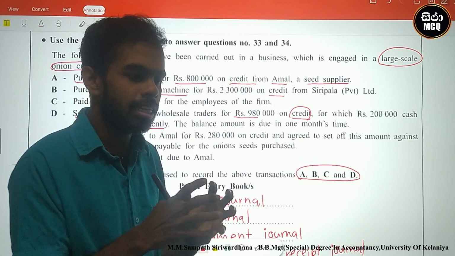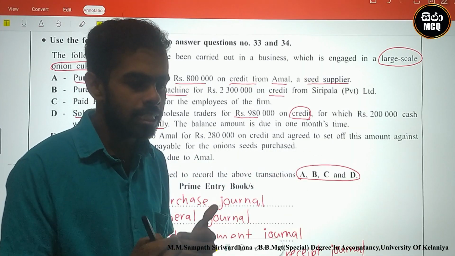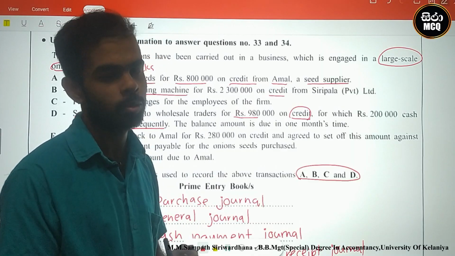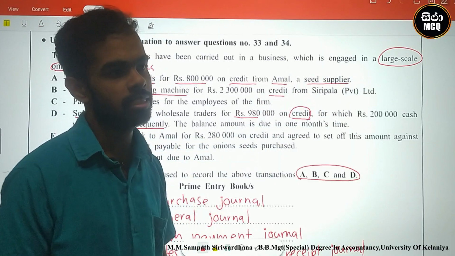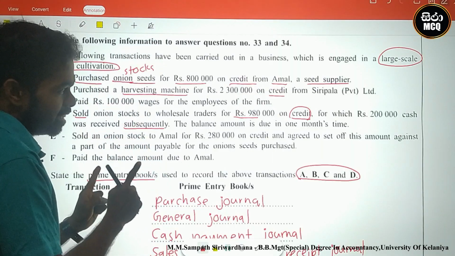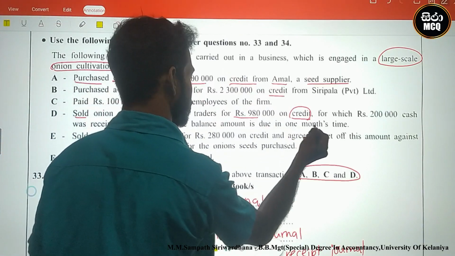The 200 cash receipt is a later transaction. Therefore, credit sales we must identify firstly is 980. The cash receiving is a subsequent transaction. The balance amount is due in 1 month's time.